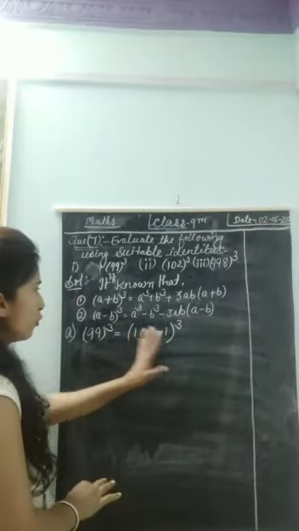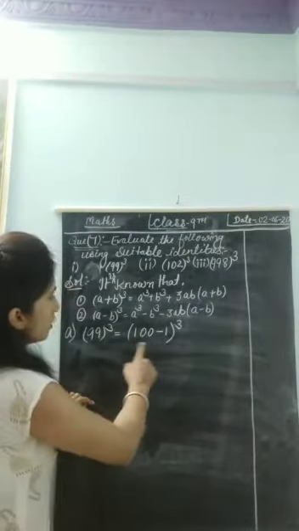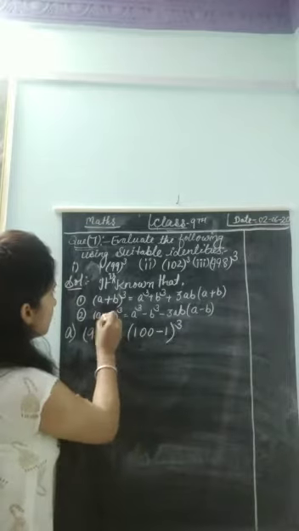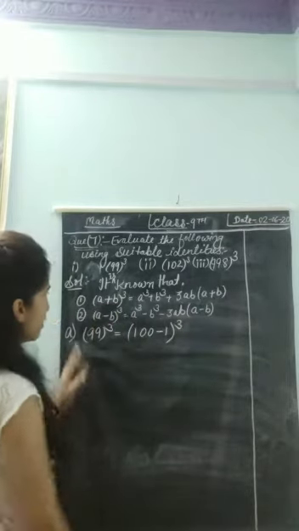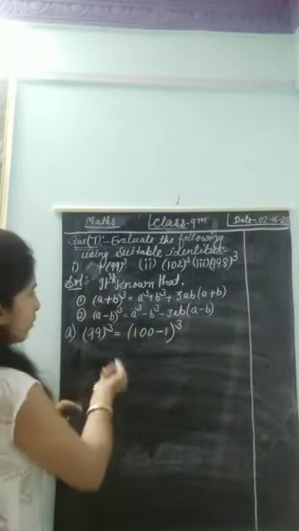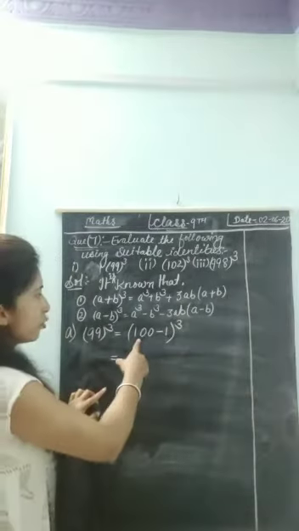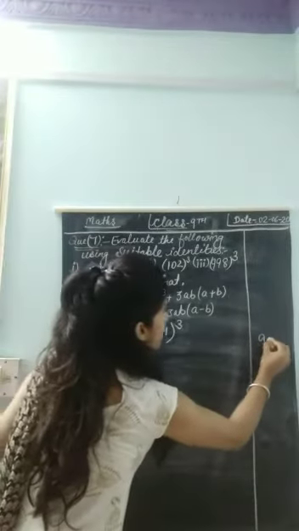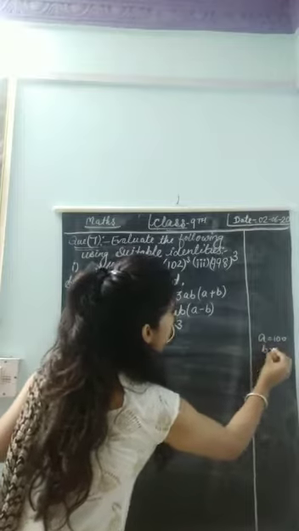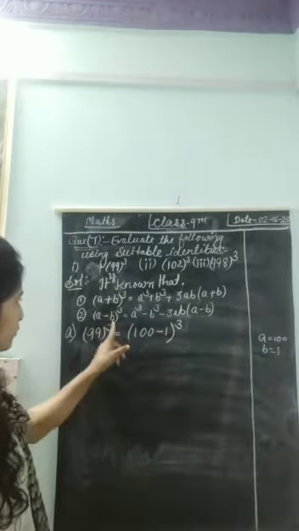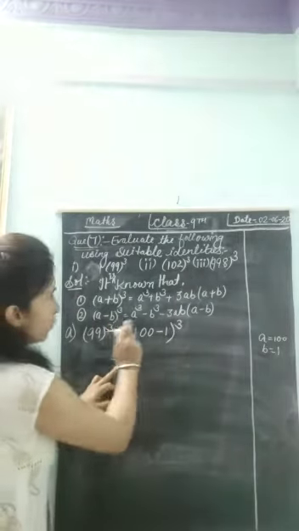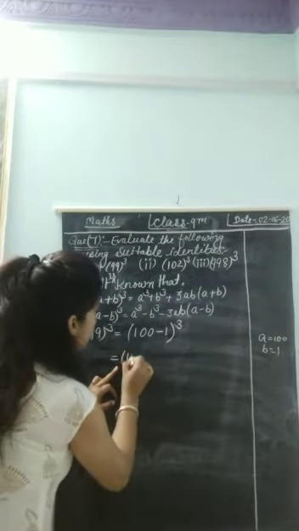So we use the second identity, where the value of a is 100 and the value of b is 1.